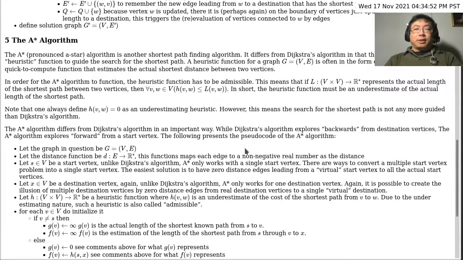I finished my dissertation in 1995, and that's before a lot of you were born. So anyway, my dissertation was actually based on the A-star algorithm, except the transitions were assumed to be probabilistic.